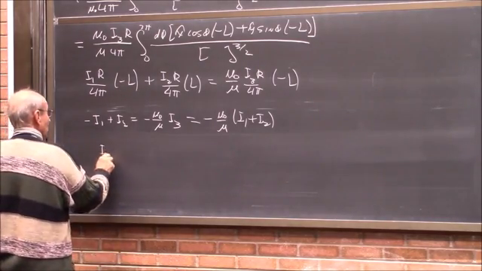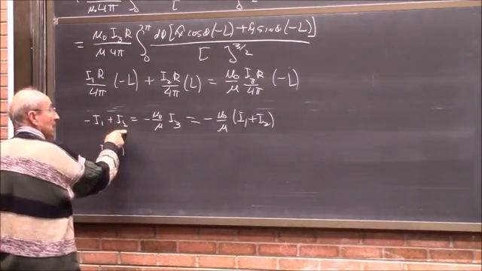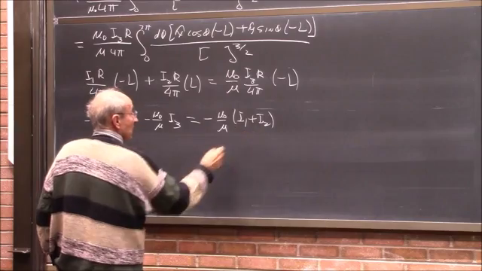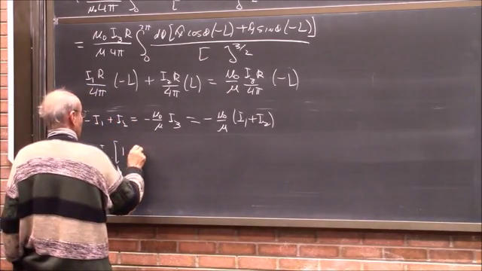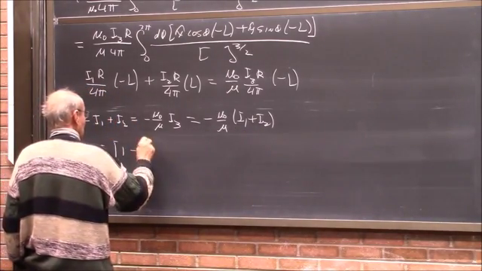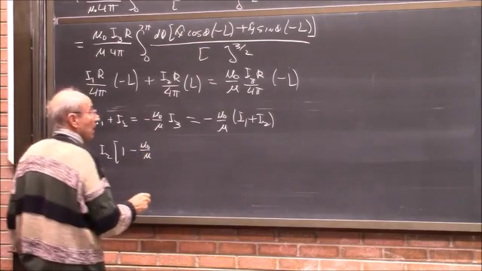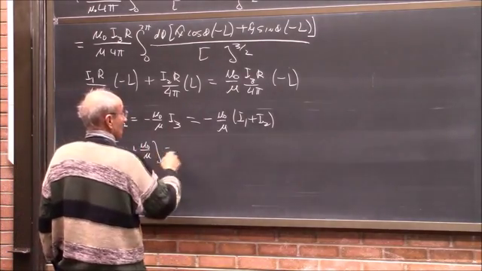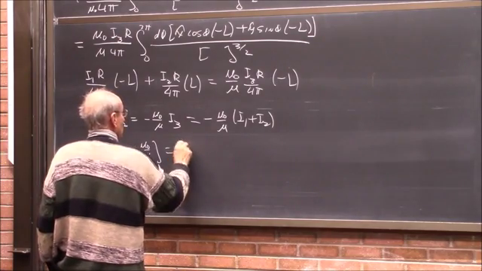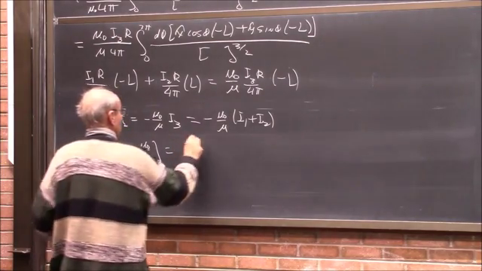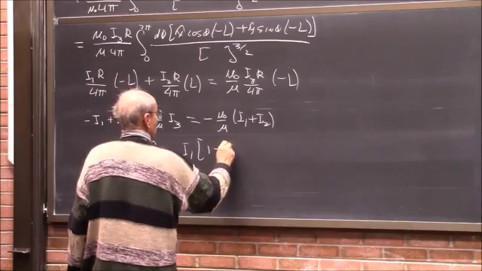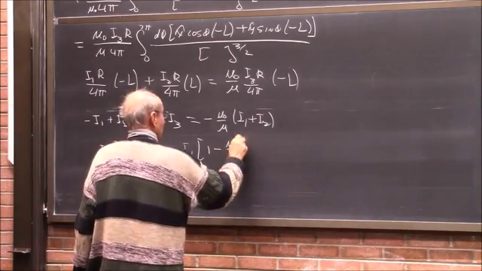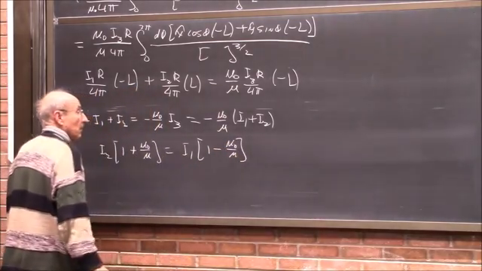So you get I2 times 1 minus mu 0 over mu, plus mu 0 over mu, bring it to this side, is equal to I1 times 1 minus mu 0 over mu.